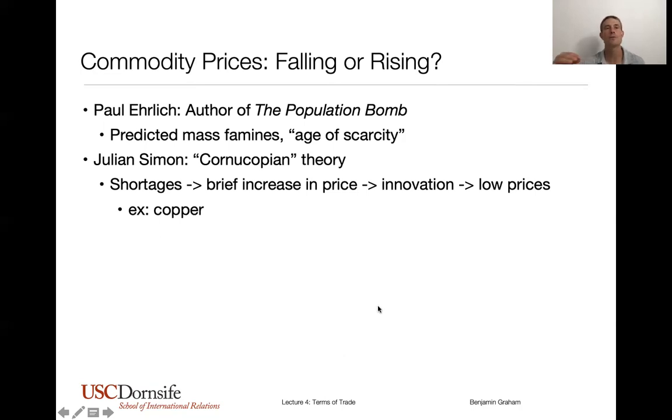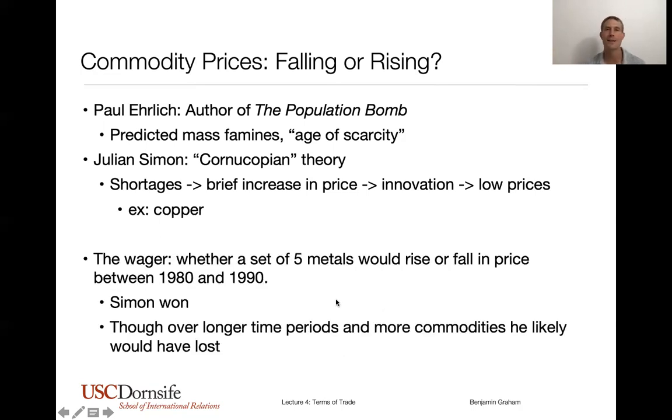And so these two individuals did something that is intellectually fun, and I think intellectually useful. They put their money where their mouth was, right? And they made a bet, in I think '79 or maybe '80. They picked 5 commodities and bet on whether they would rise or fall in price over the next decade, right?